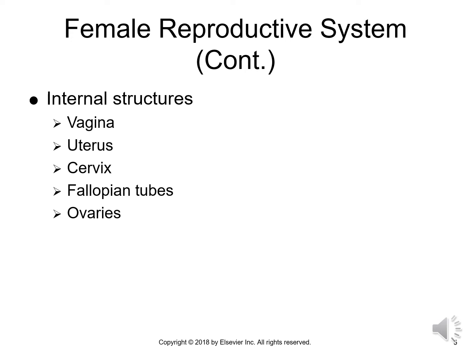The vaginal opening is between the urethral opening and the rectum. It leads to the cervical opening, which leads into the uterus. The vagina varies in size and shape. It has rugae folds, which give it the ability to stretch and retract like an accordion.